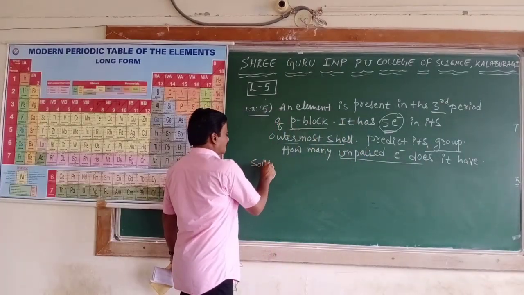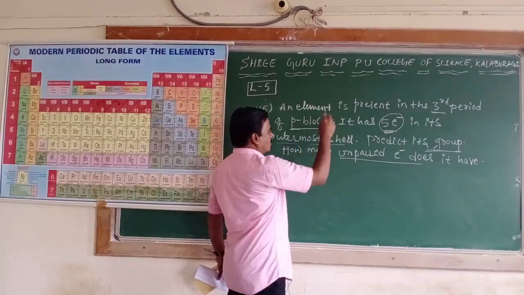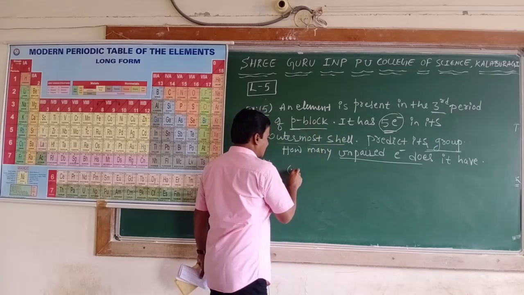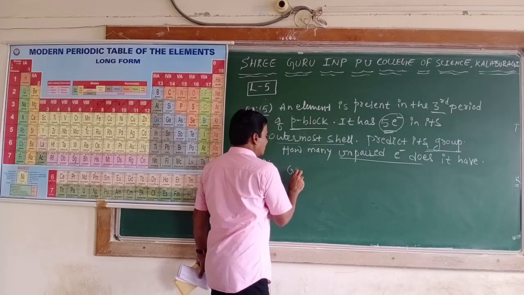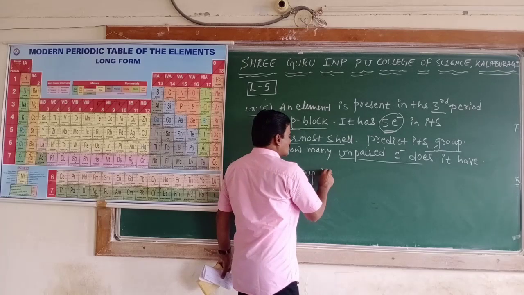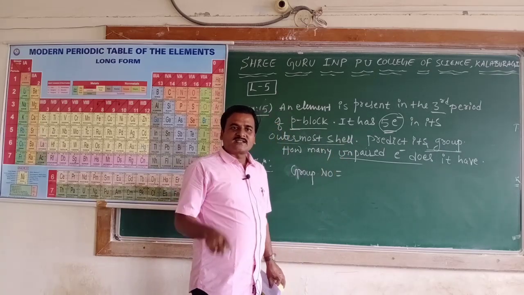Very simple to identify. As it is a p block, let me first predict the group number. What does the guideline say?